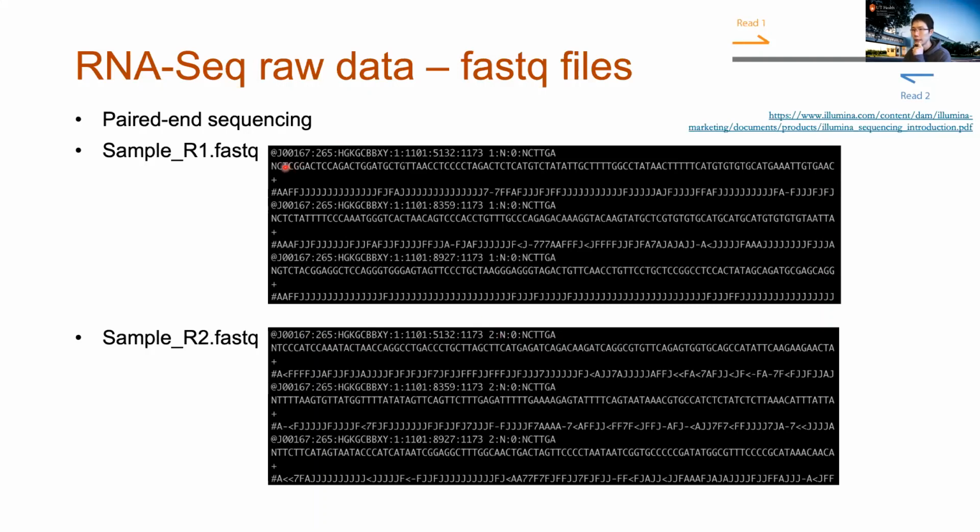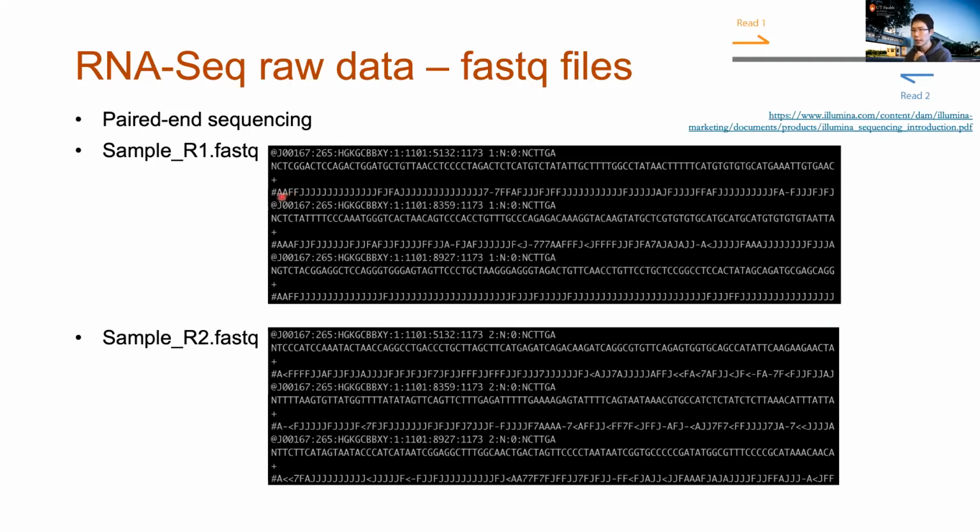The second line is the sequence you have, the exact sequence of the first sequencing read. The third line is always a plus sign. And the fourth line is a bunch of characters, numbers and even symbols. Those represent the sequencing quality of each read.